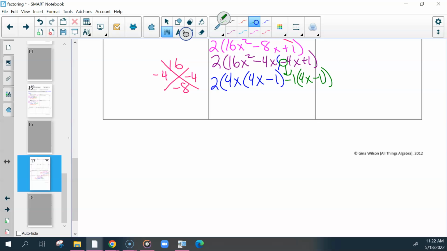So then we can write our final answers, which would be what? So you could write it like that, or 4x minus 1 squared.